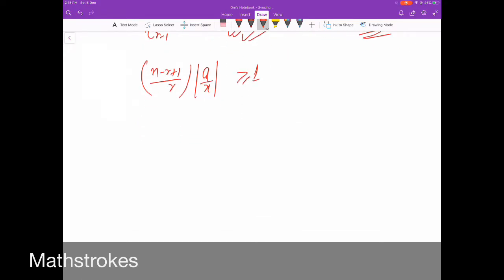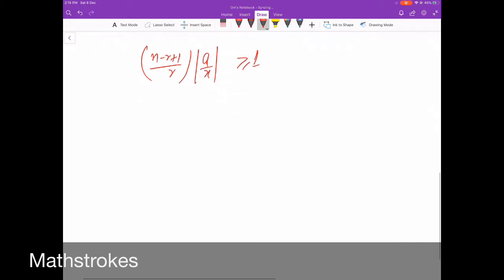Fine. Now let us solve this to find the value of r. I can write (n-r+1) into mod a is greater than or equal to r mod x. Rearranging it, I can write r(mod x + mod a) is less than or equal to (n+1) into mod a.